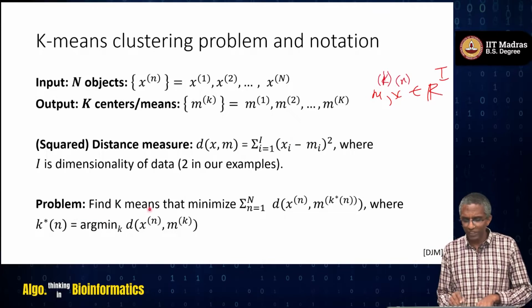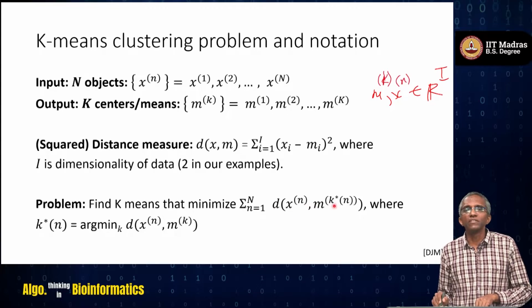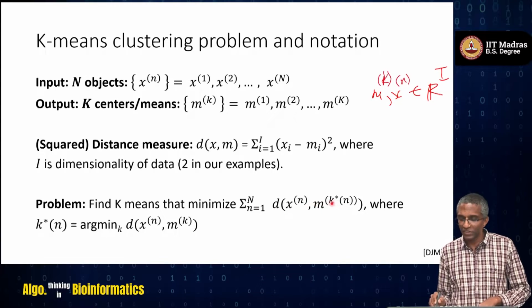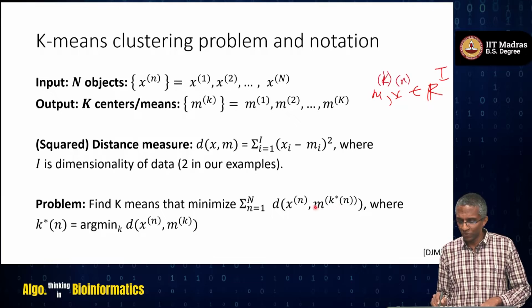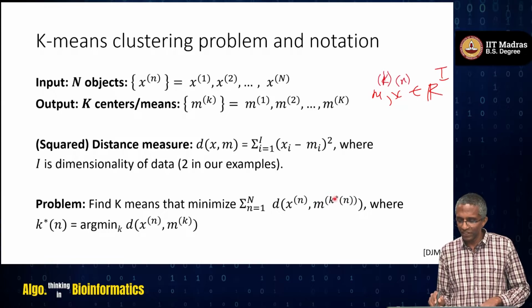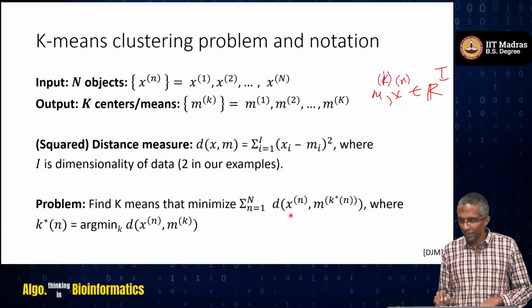And the problem is to find the k means that minimize this sum of squared distances to the nearest center for each data point, and that is what is represented as k star of n. So, d of xn, where xn is the nth data point, and m of k star of n. The k star of n is the center k that is going to be closest to this data point xn, right.